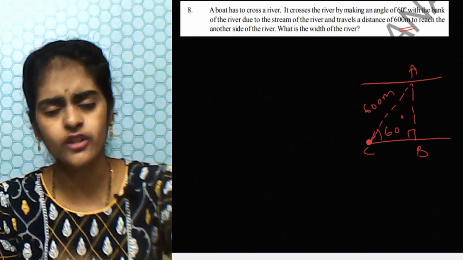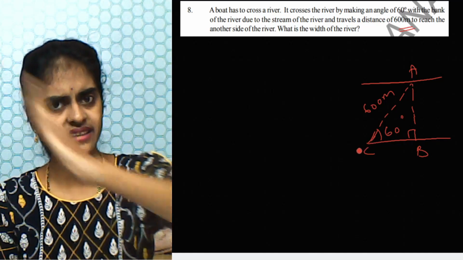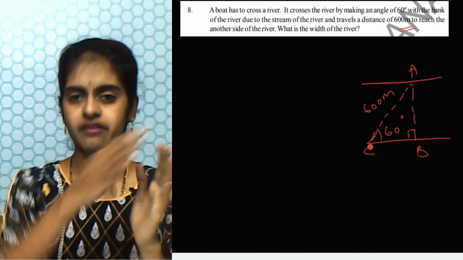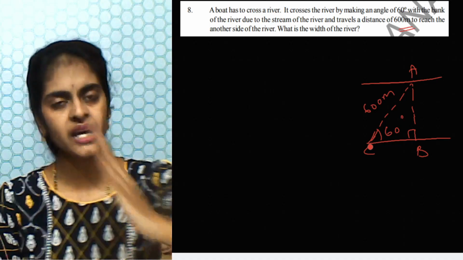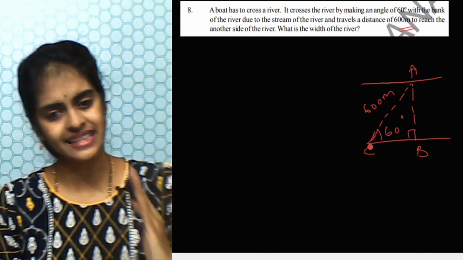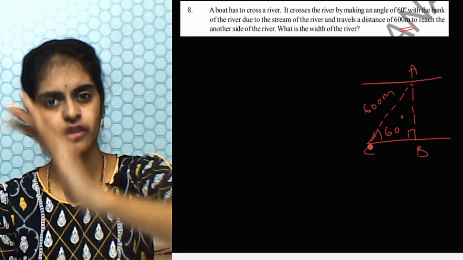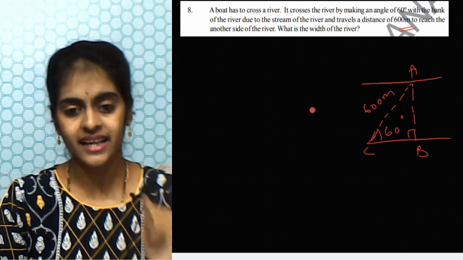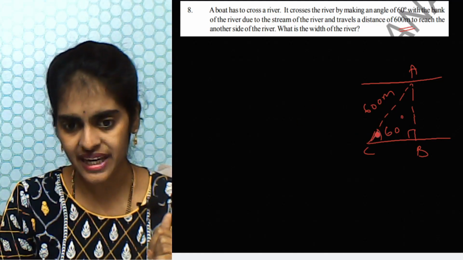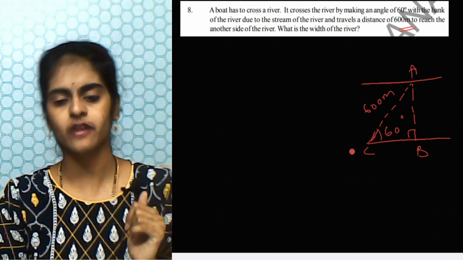Now why is the boat not going in a straight way? It is going in this way, isn't it? Because you know the river flows, and the flow of the river is in this direction. So because of the flow, the boat moves forward along a slightly crossed line, and this line is making 60 degrees with the bank of the river.